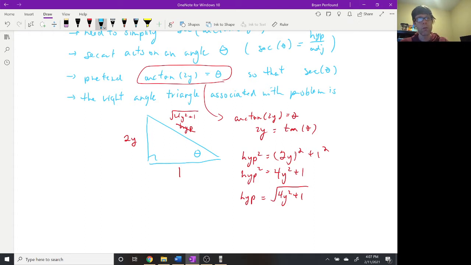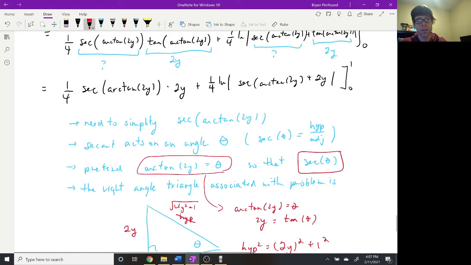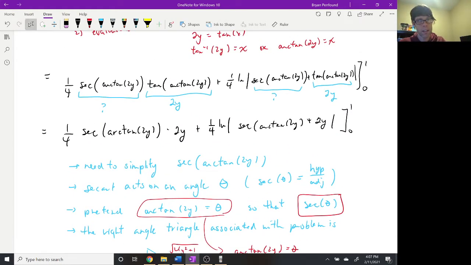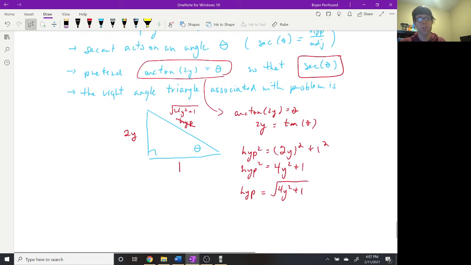Now, what we would like to do is find secant of that angle. I'm thinking back to here: I want to simplify this expression, so I need to simplify secant of theta. What is secant of theta with regards to this particular right-angled triangle?